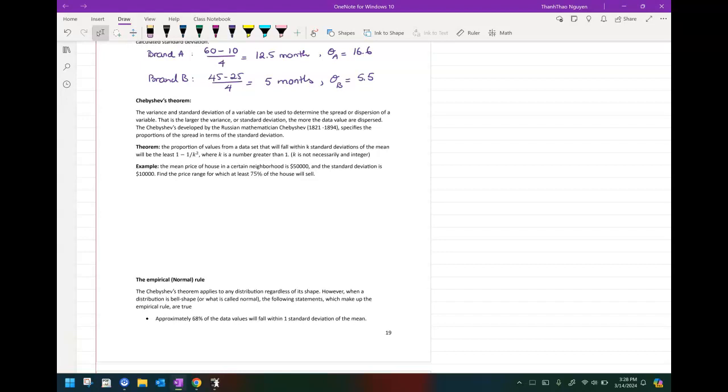So here's the theorem. The proportion of values from a data set that will fall within k standard deviations of the mean will be at least 1 minus 1 over k squared, where k is a number greater than 1, and k does not necessarily have to be an integer.